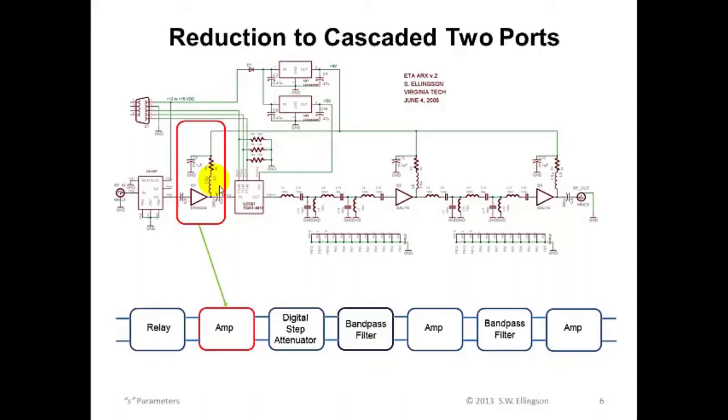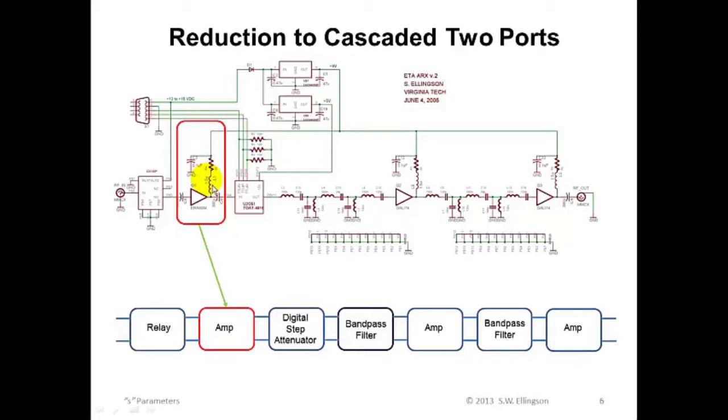Again, from the perspective of someone considering the overall receiver, knowing the frequency response, in this case gain versus frequency, and the input and output impedance are all that is really necessary to know. Other details are certainly important, but only when it's necessary to design or analyze this particular part of the circuit.